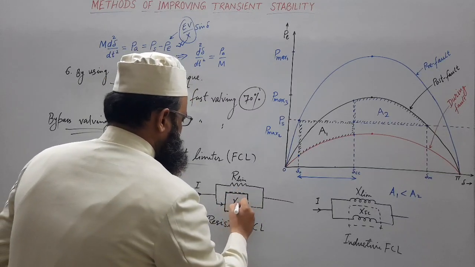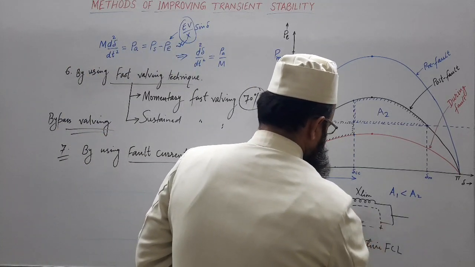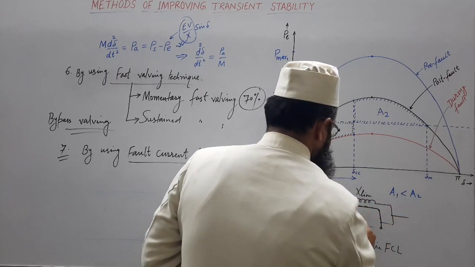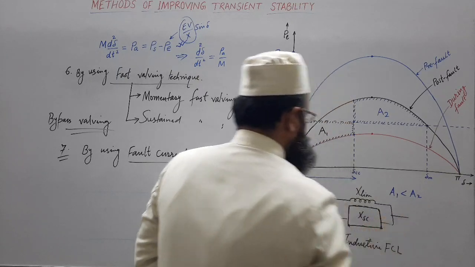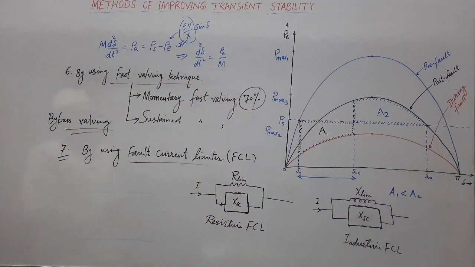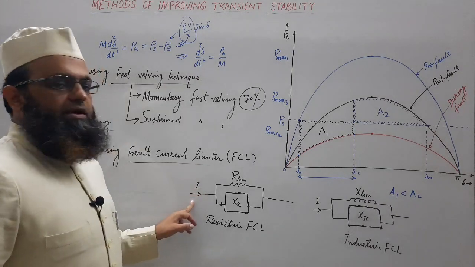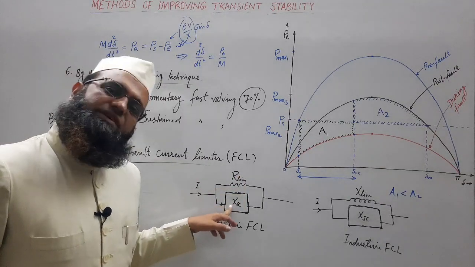Let us represent XSC here. Similarly, just hide the internal structure, just this block XSC. So in normal operating condition, whatever current we have in the line passes through the superconductor having resistance 0.